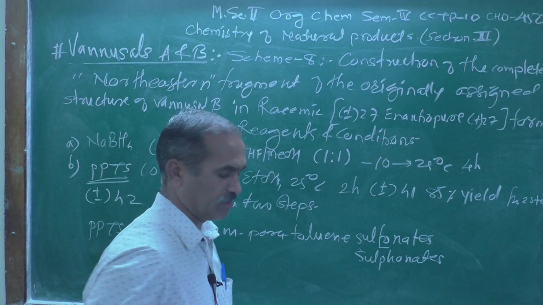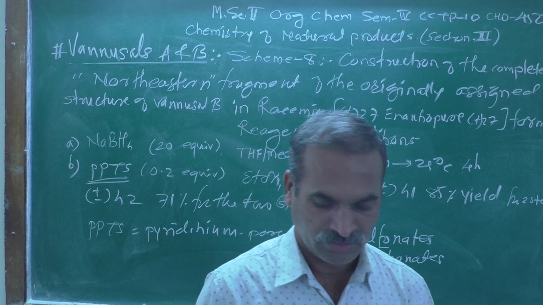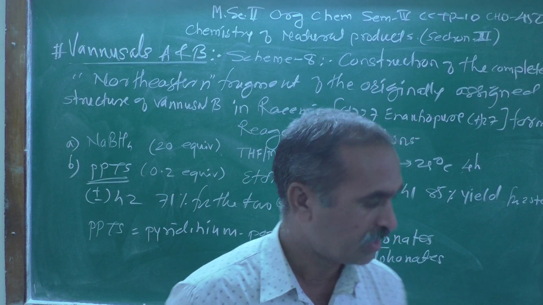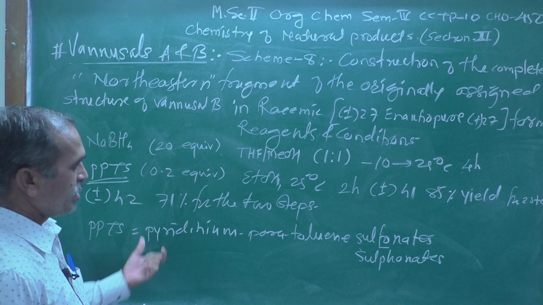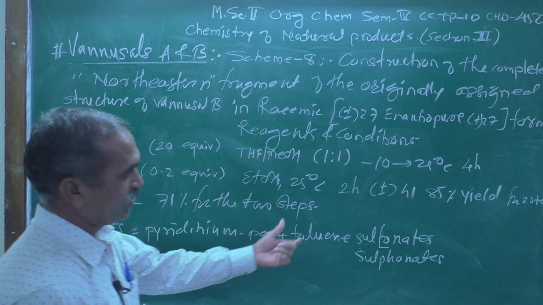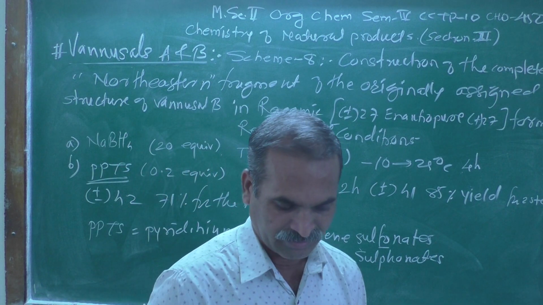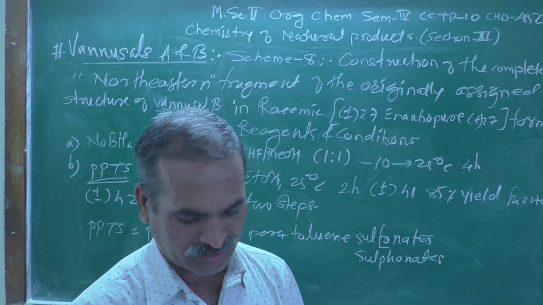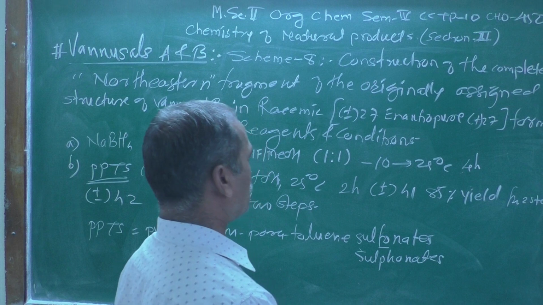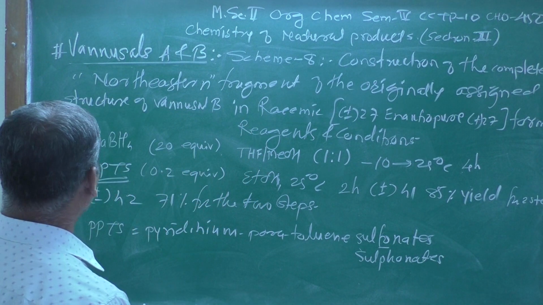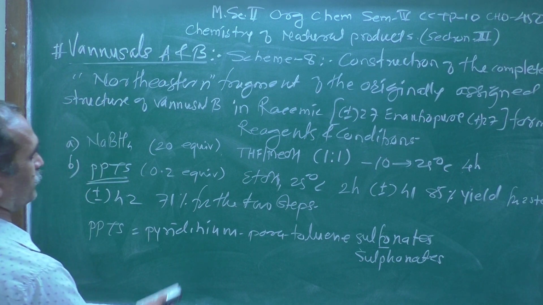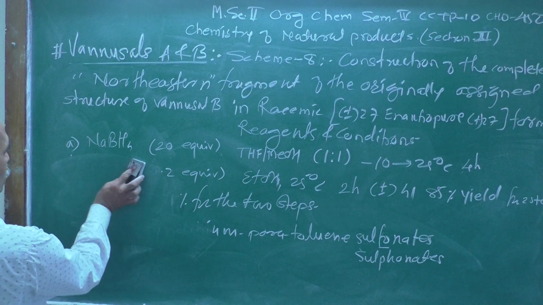You can use either the above one or the below one, the same thing. That is the full form of PPTS, pyridinium para-toluene sulfonate, which is used here for the deprotection purpose, as it is required as an acidic condition for the deprotection.